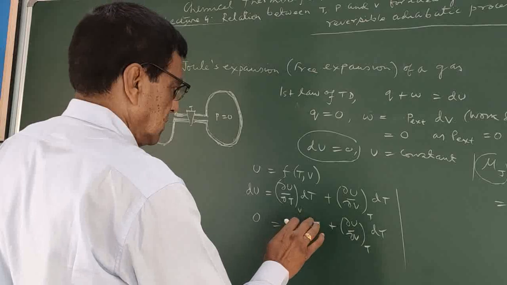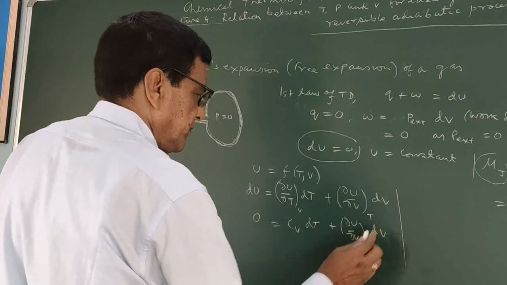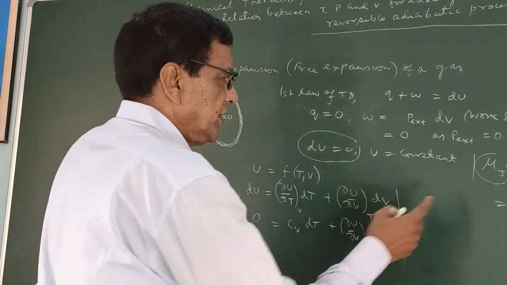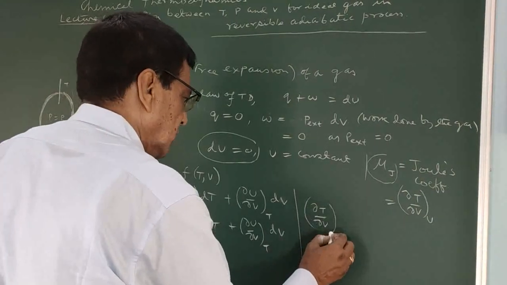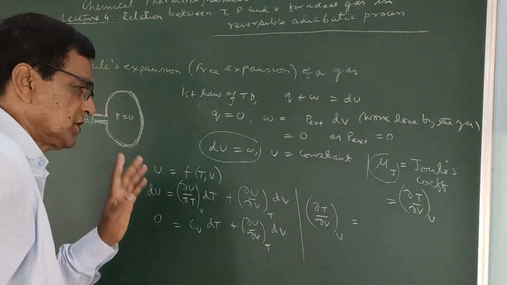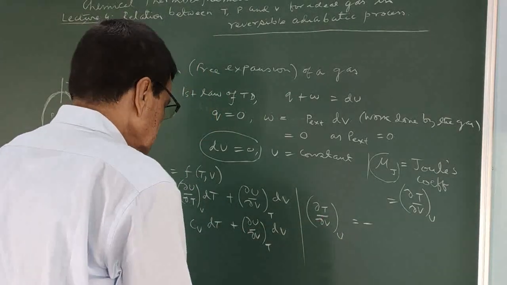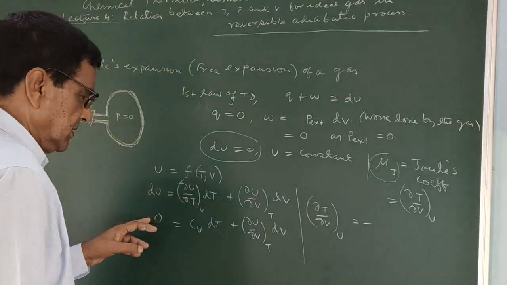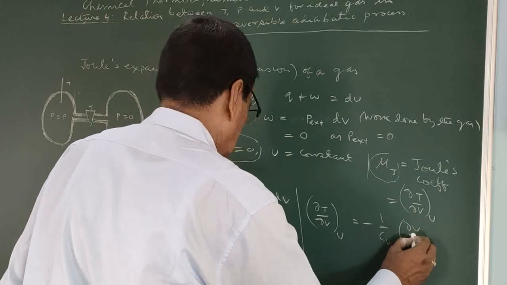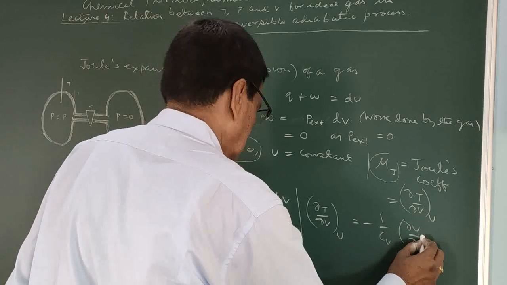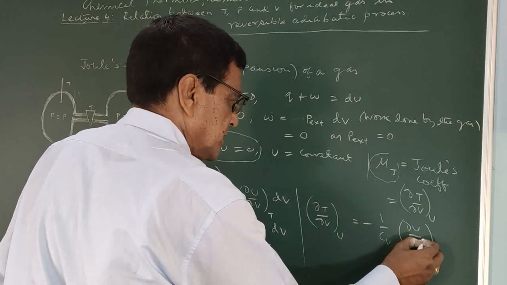So dT by dV, that is del T by del V at constant U, where internal energy remains fixed, will be equal to minus 1 by Cv into del U by del V at constant temperature.